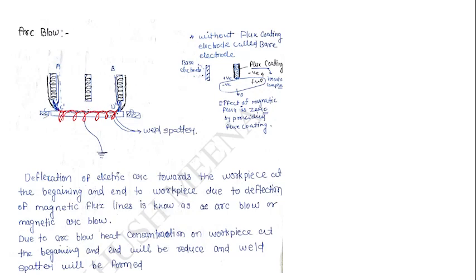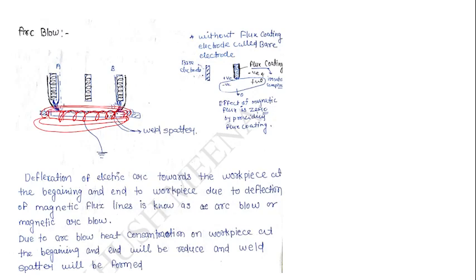It is because of the magnetic field that is present on your workpiece. So at the corner of your workpiece, your magnetic flux lines will be changing their direction, right? At both of the ends, your magnetic flux line will be changing the direction.